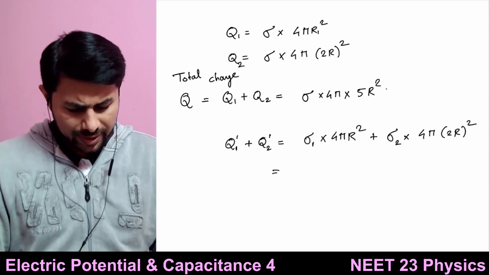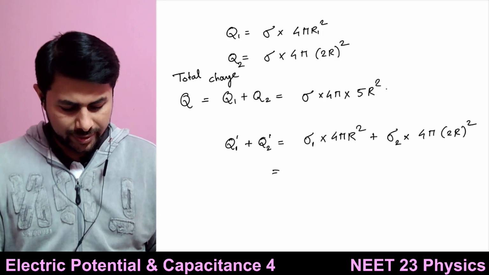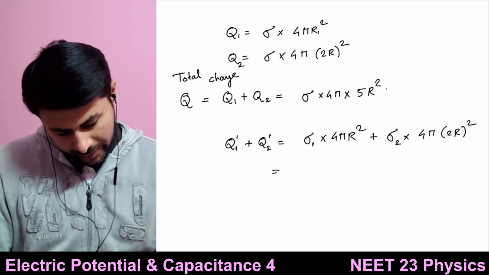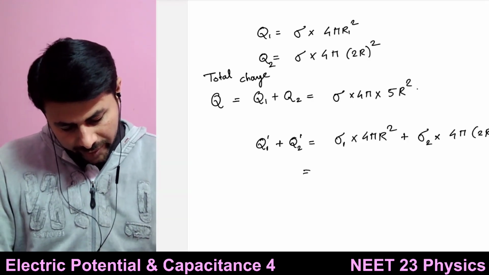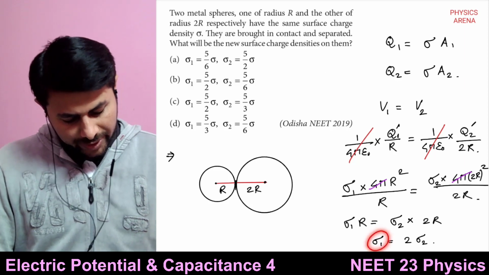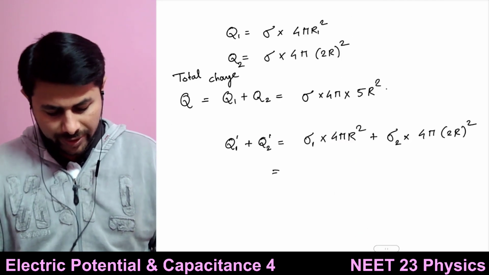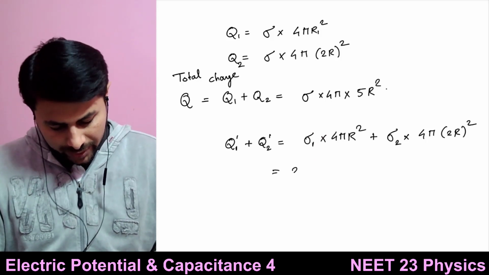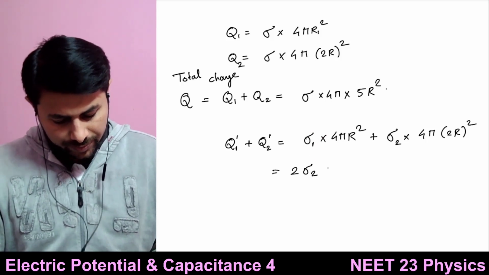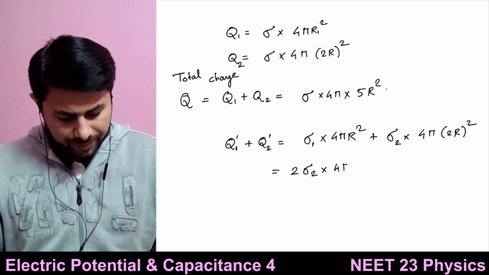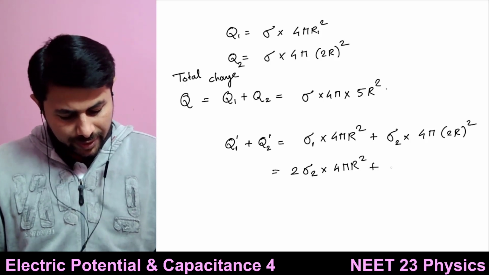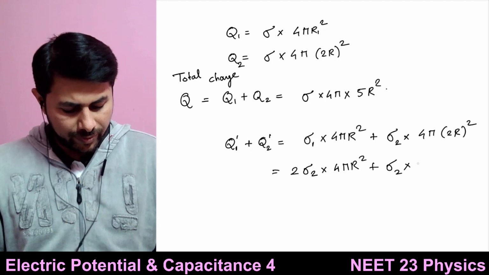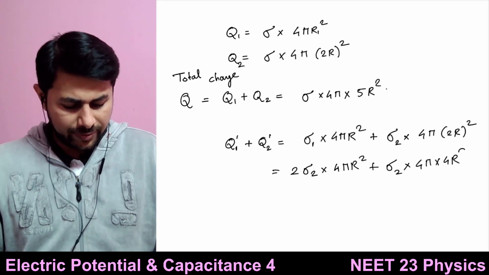Okay, this is getting a little bit lengthy, but we'll come to the answer quickly now. So what is sigma 1? It is 2 times of sigma 2. We can substitute that. So 2 times of sigma 2 multiplied by 4 pi r square plus sigma 2 multiplied by 4 pi multiplied by 4r square.